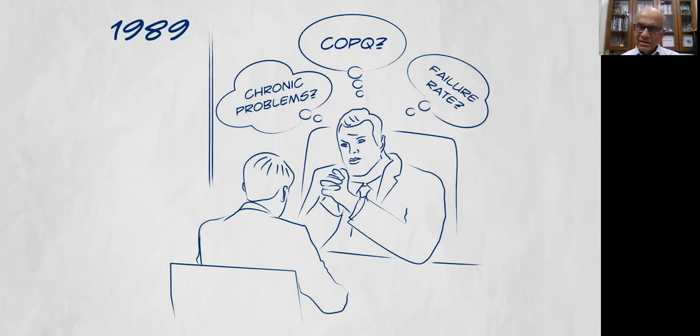Top management nominate projects from the strategic plan. They understand customer focus. So you have projects that are leading to improving the top line, the revenue, through customer satisfaction, and the bottom line through reducing the cost of poor quality.